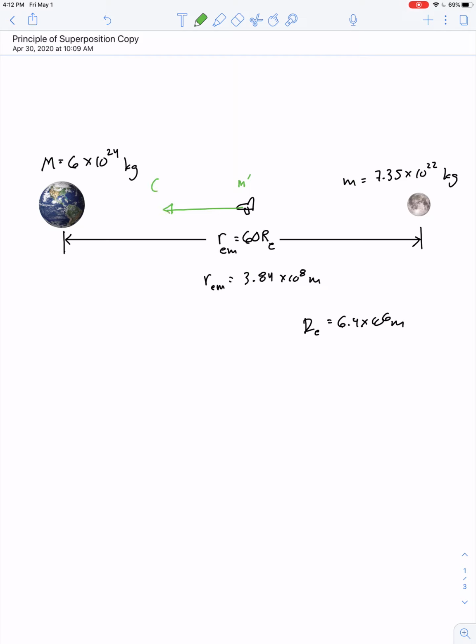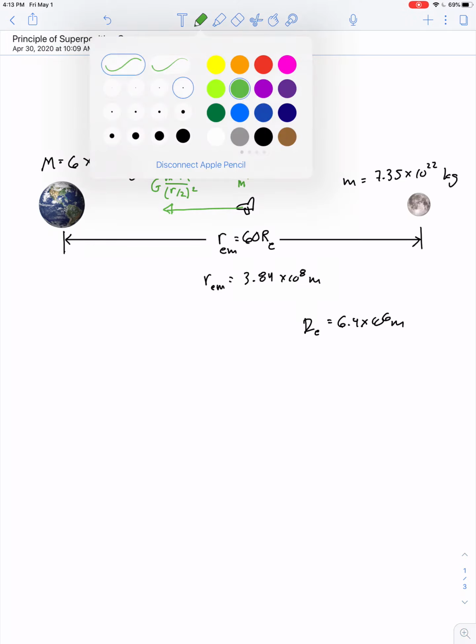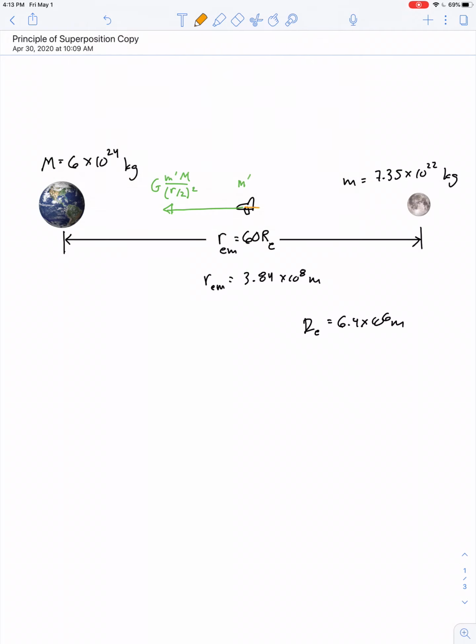This would be capital G times m prime times capital M, the mass of the Earth, divided by r over 2 quantity squared. There'd be a smaller amount of force pulling to the right because the Moon isn't as massive. This force would be capital G times m prime times lowercase m, the mass of the Moon, divided also by r over 2 quantity squared.